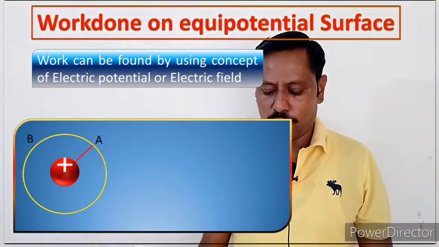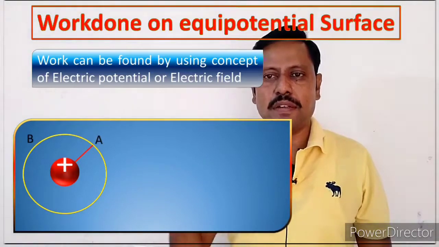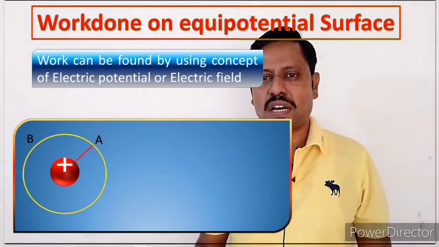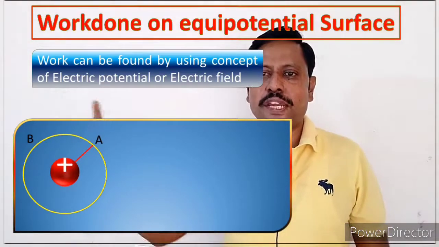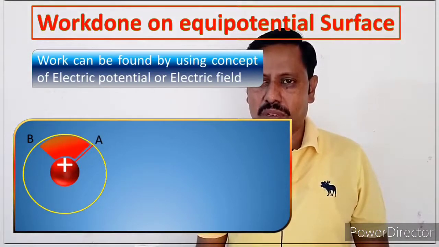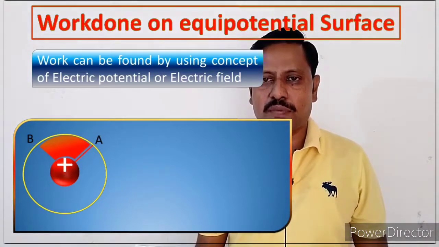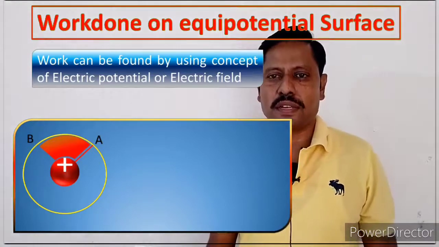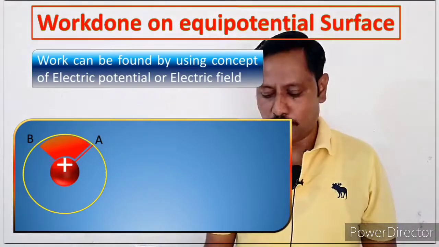Let us say we want to go from A to B. As shown in the diagram, suppose our test charge is at A and we want to shift that test charge from A to B. Now obviously when we are moving from A to B, we may require some work done. Whether work is required or not against the electrostatic force, that we have to find out here.